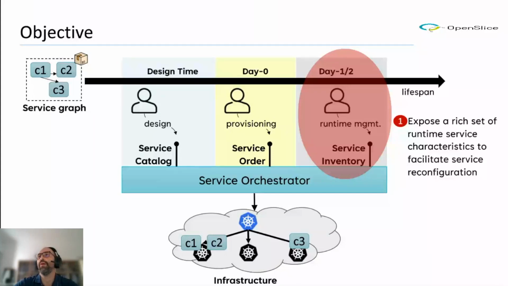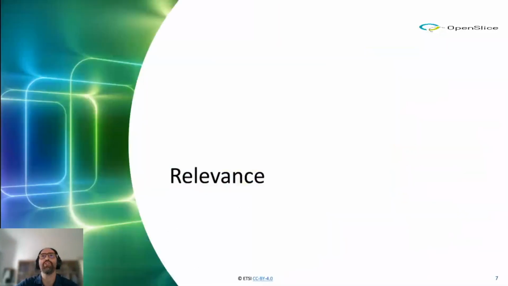It goes through all this life cycle, and at the end, when the service is deployed and manageable, we expose a rich set of runtime service characteristics to facilitate service reconfiguration. We're going to see that in action in a while, and leverage standardized APIs to promote interoperability.